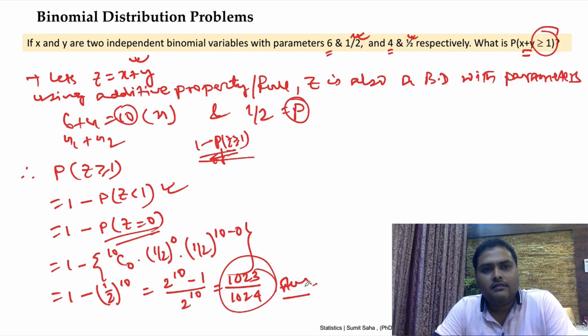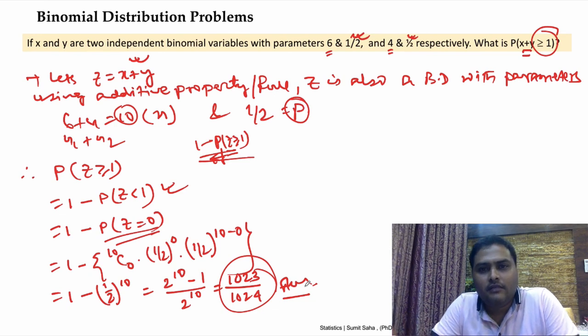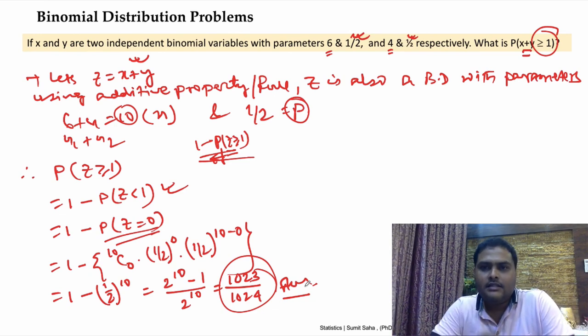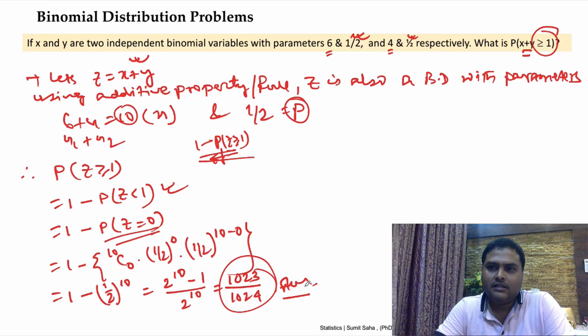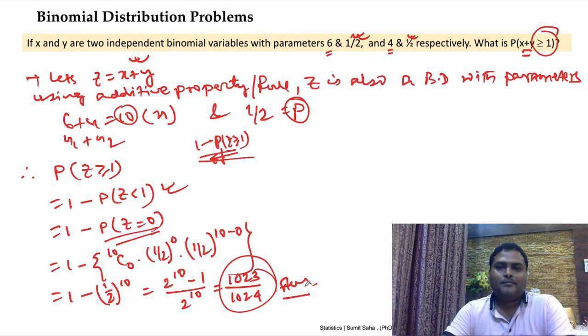The problem was that if x and y are two independent binomial variables with parameters 6, 1/2 and 4, 1/2 respectively, then the value of P(x plus y more than 1) will be 1023 divided by 1024, which is very close to 1.